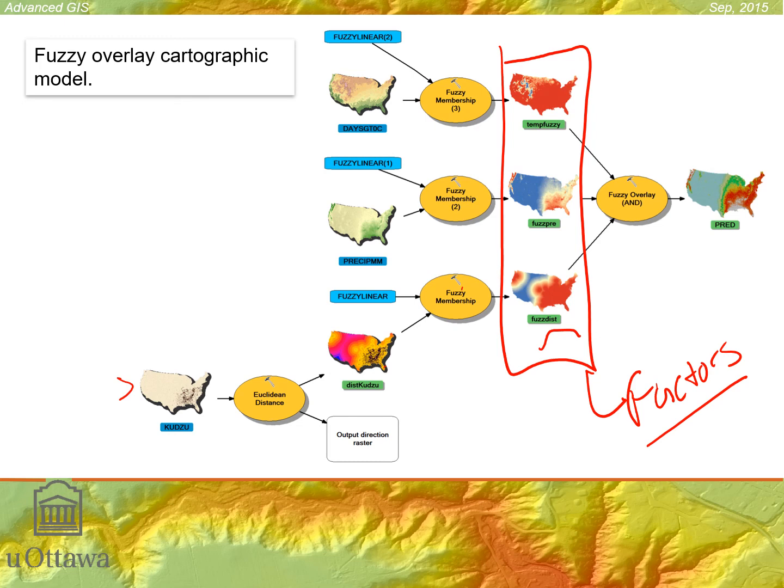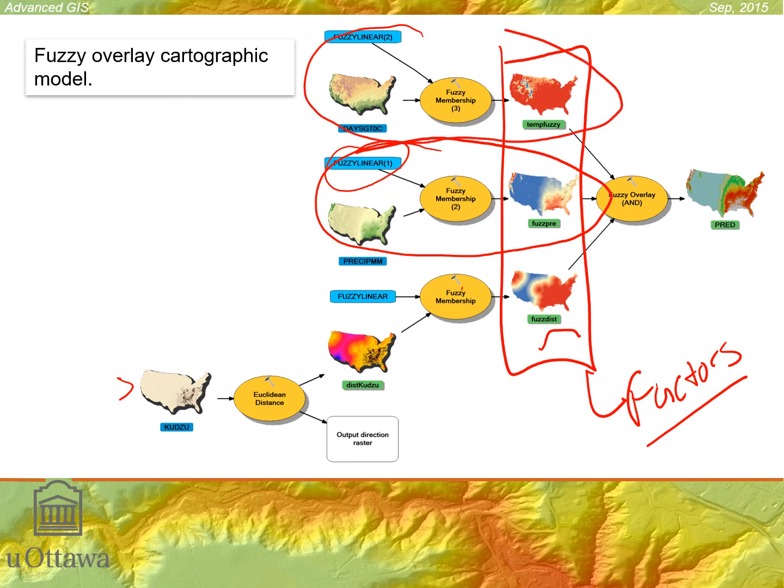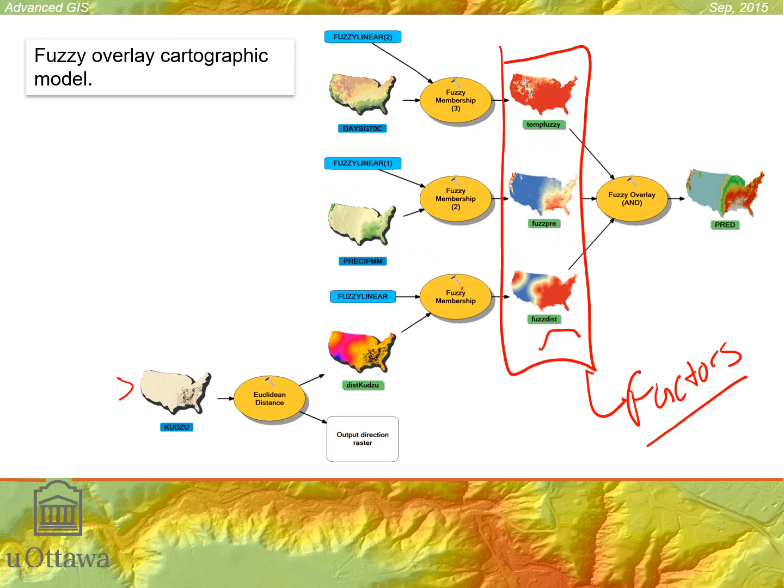Then, with precipitation, fuzzy linear again, creating our fuzzified precipitation. And likewise with temperature, fuzzy linear to a fuzzified temperature, where temperature here means growing degree days above 0 degrees Celsius. Just easier to say temperature since that's the variable from which that was derived.